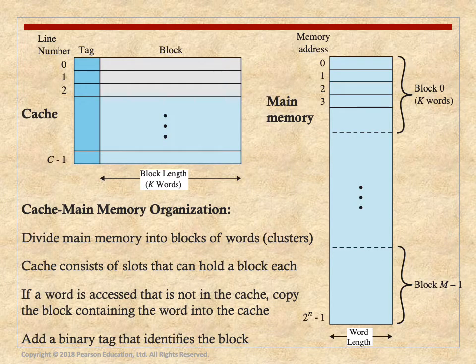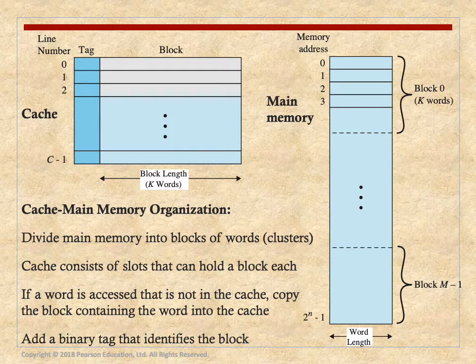Managing a cache requires some technical organization in order to ensure that each memory block can always be uniquely identified in the cache. If we look at the right, then we can see the main memory that consists of 2 to the power of n addressable locations, where each location can hold a word.